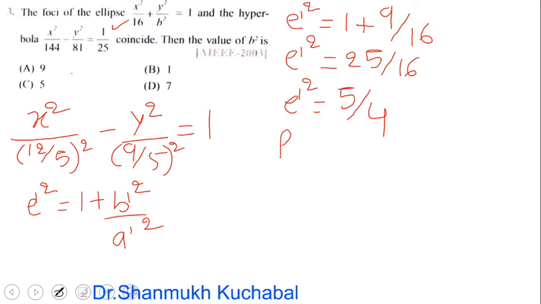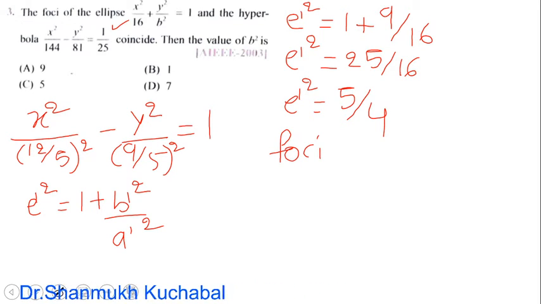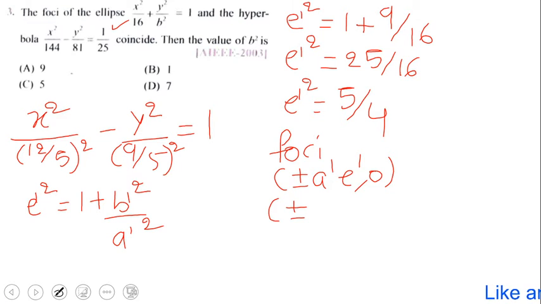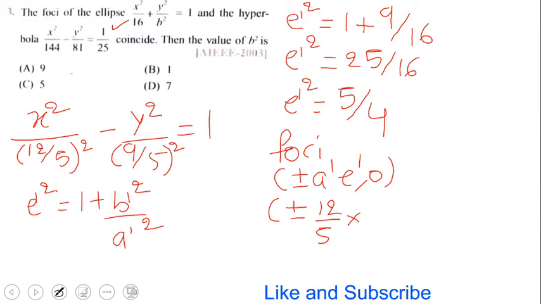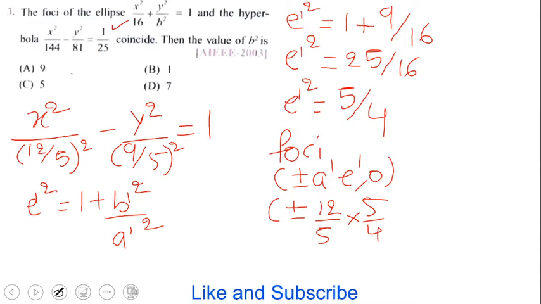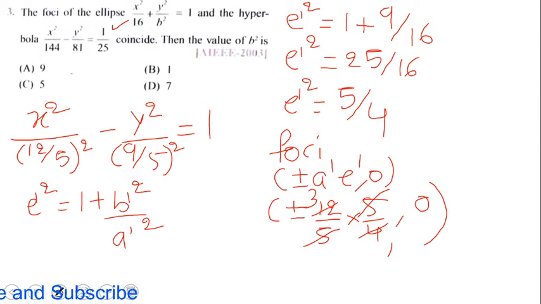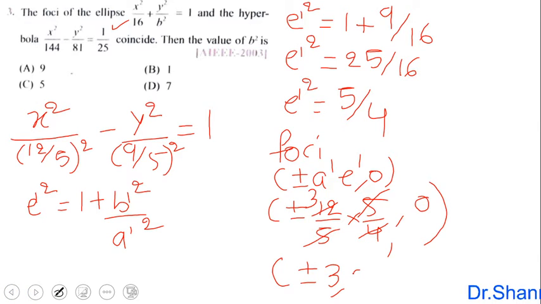The foci of a hyperbola is given by plus or minus a dash e dash comma 0. So it is plus or minus 12 divided by 5 times e dash, which we have just calculated as 5 divided by 4, comma 0. Further, 5 gets cancelled, 4 ones are 4, 4 threes are 12. So the foci we are going to get as plus or minus 3 comma 0 here.